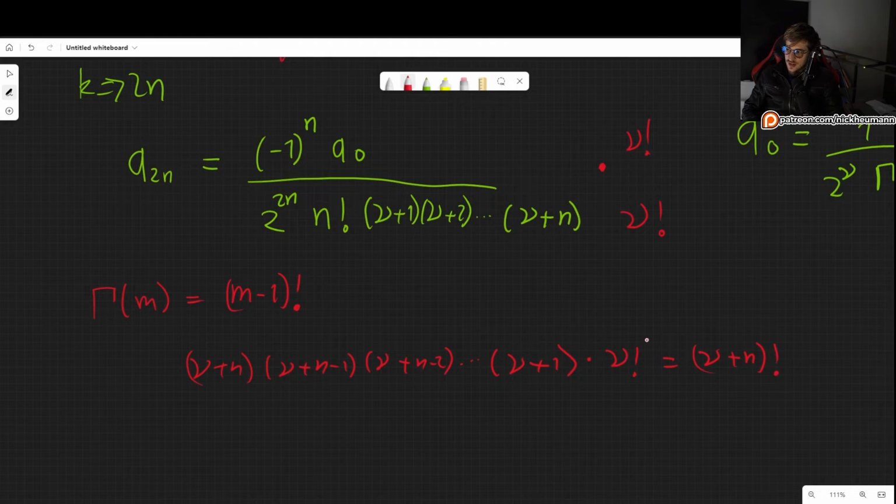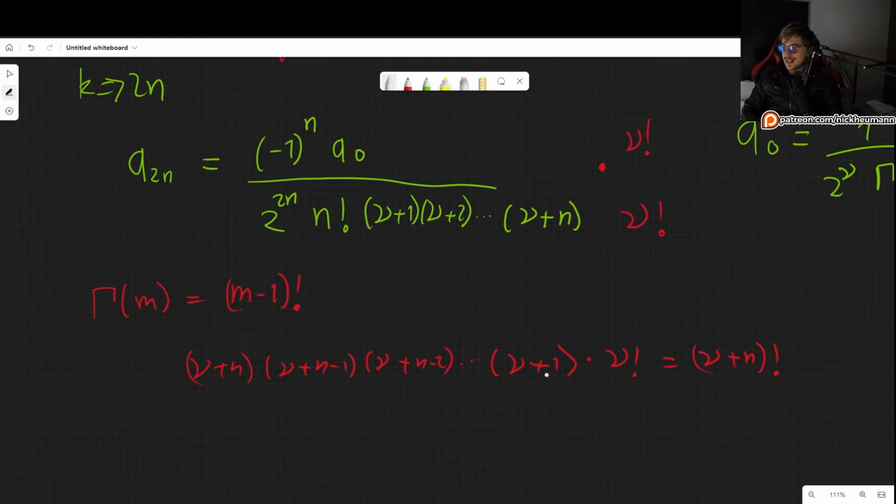Because this right here is nu plus 1 factorial, then we multiply with this, and we go one step further, so nu plus 2, nu plus 3, and all the way until the nth term. Of course, how many terms there are depends on n. But this is a compact way to write it.